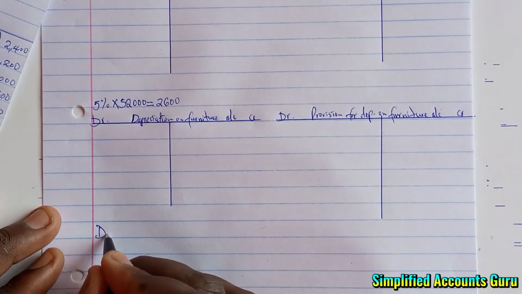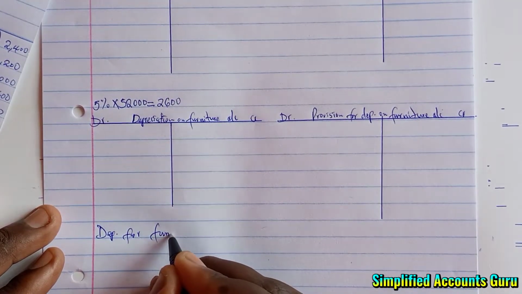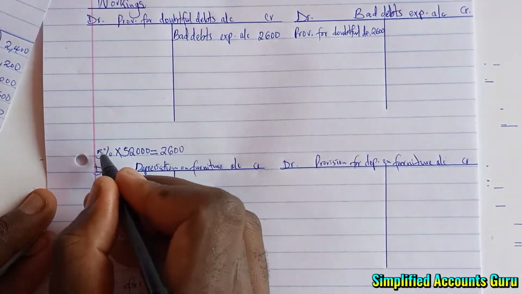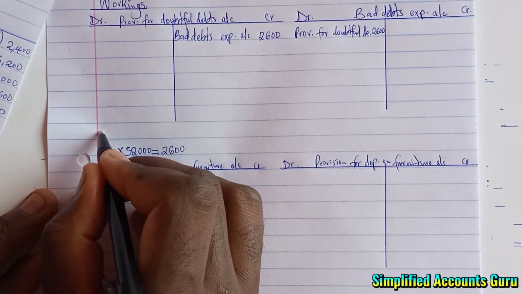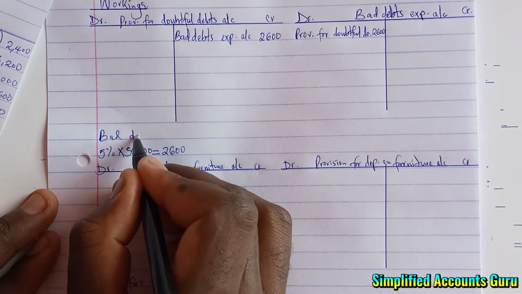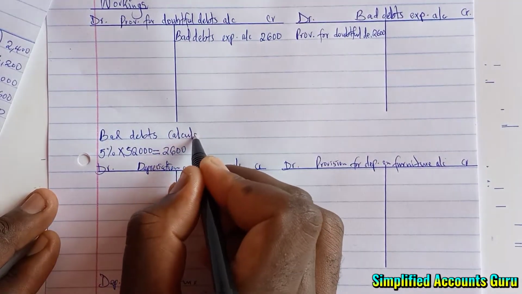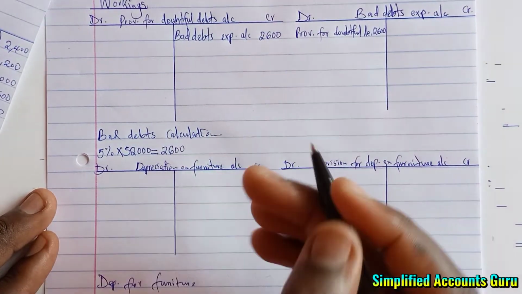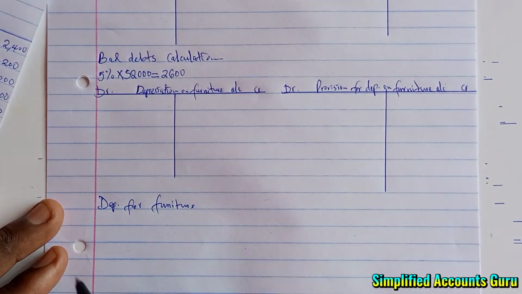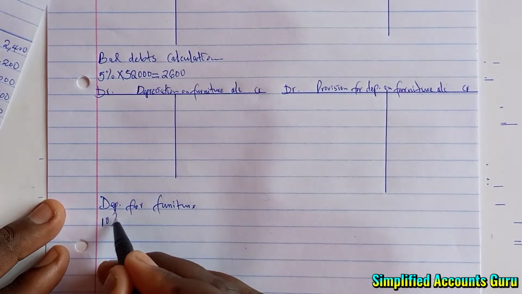So depreciation for furniture, it is important to indicate here, this one was bad debts calculation.